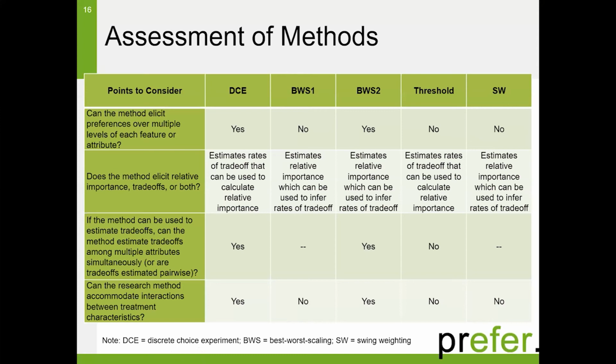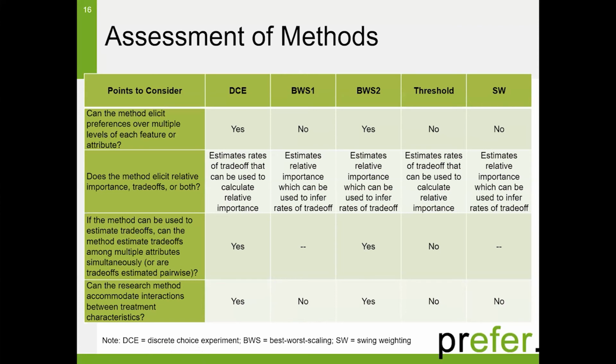However, DCE can be used to estimate multiple trade-offs simultaneously, and the threshold technique tends to estimate one trade-off at a time. Best-worst scaling 2 is a unique case because it considers multiple attributes in a profile, like a discrete choice experiment, but it considers only one profile at a time, unlike a discrete choice experiment.